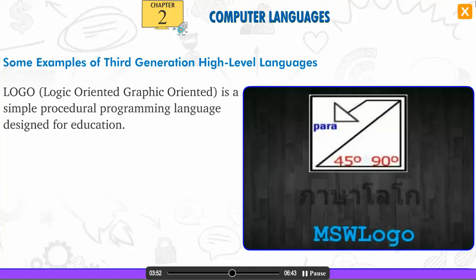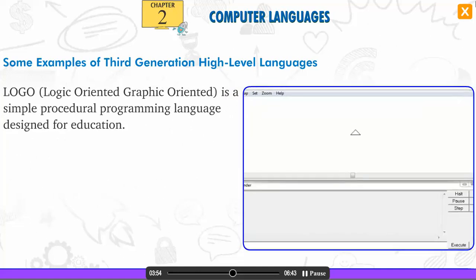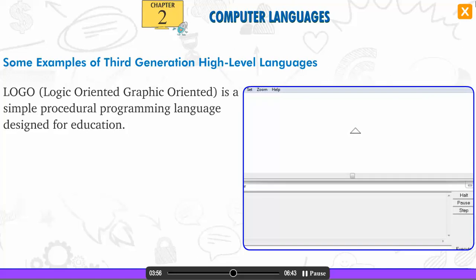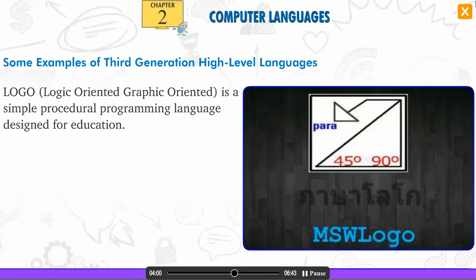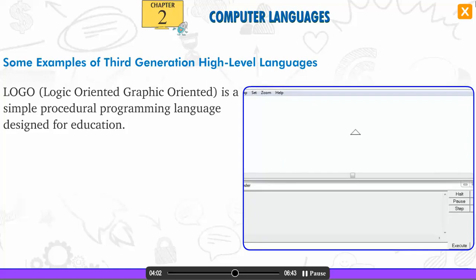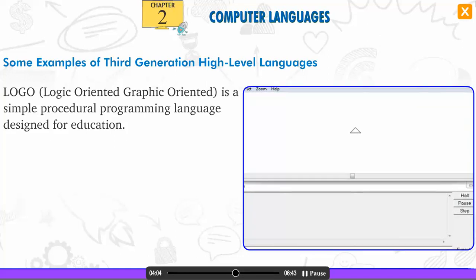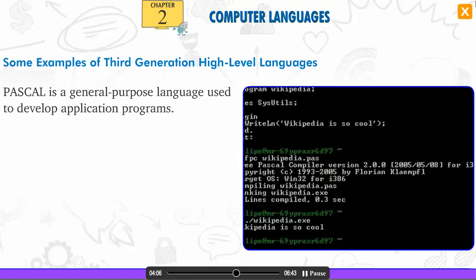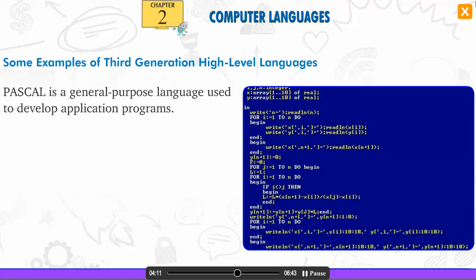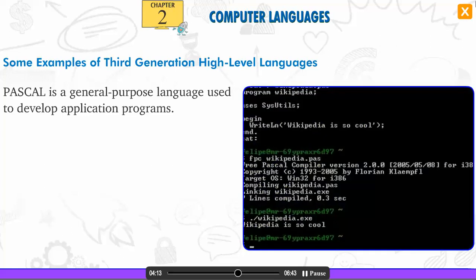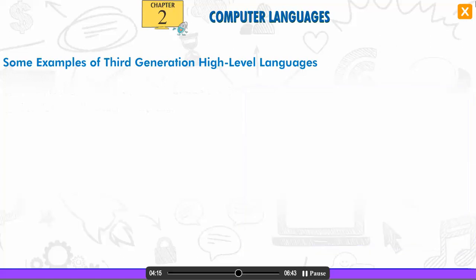LOGO, Logic Oriented, Graphic Oriented, is a simple procedural programming language designed for education. Pascal is a general purpose language used to develop application programs.